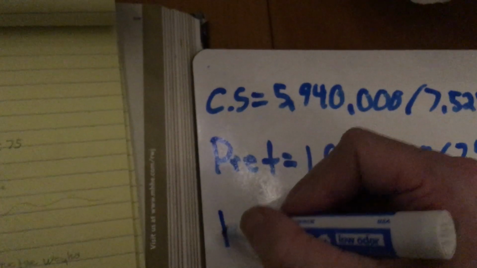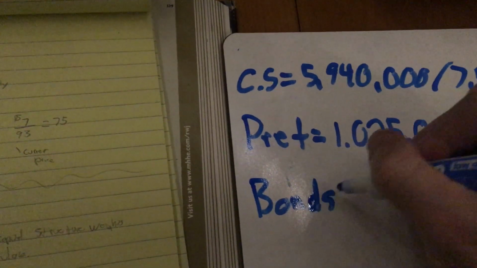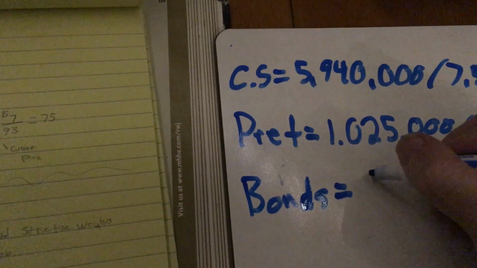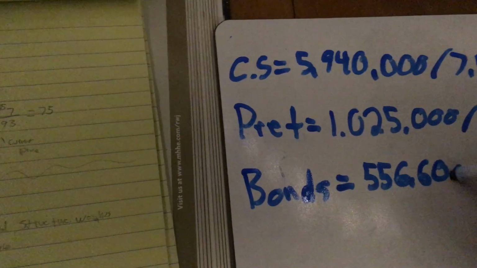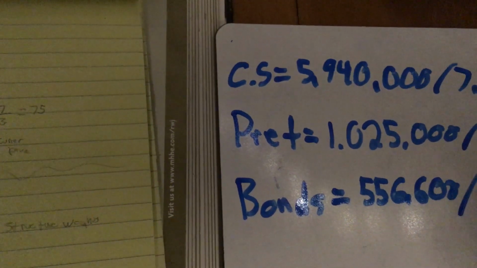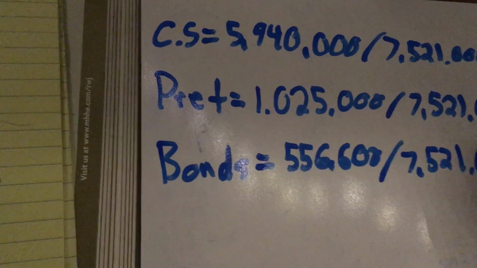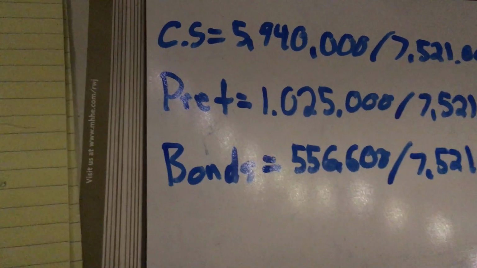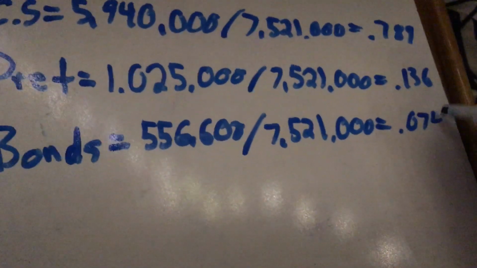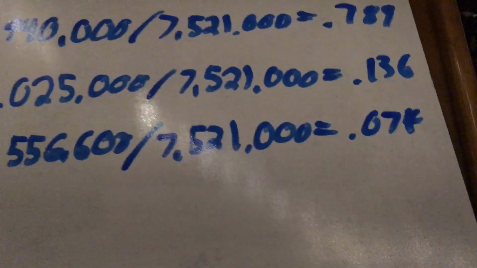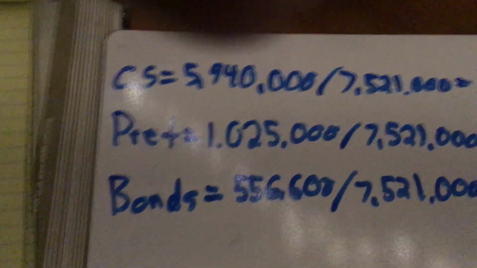And then for bonds, equals 0.074 or 7.4%, which should add up to 1 if you add those all together.